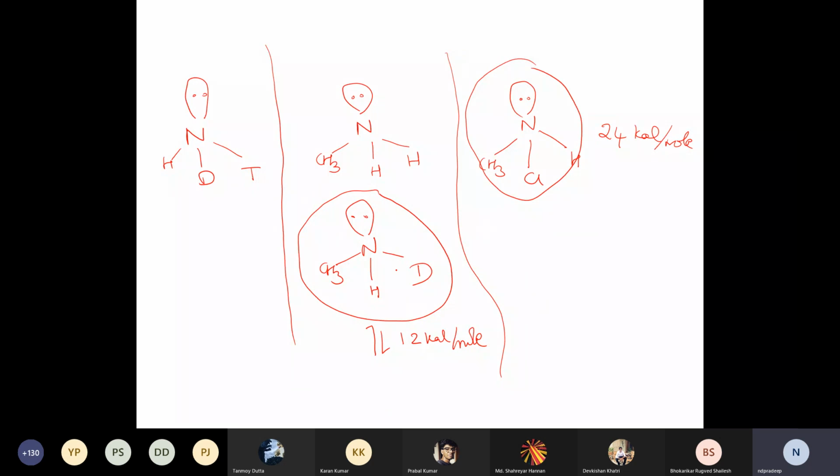Any doubt? In nitrogen, there should not be two or more than two hydrogens or isotopes of hydrogen. Yes, that's very clear. Good. Now we are defining it nicely.